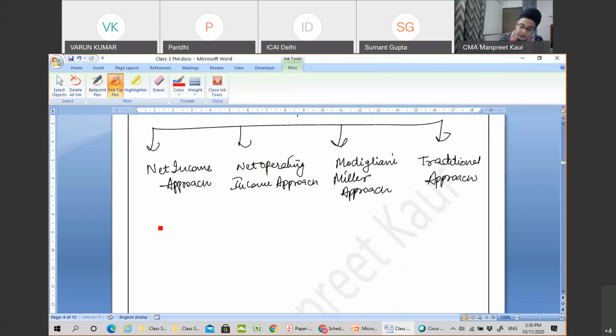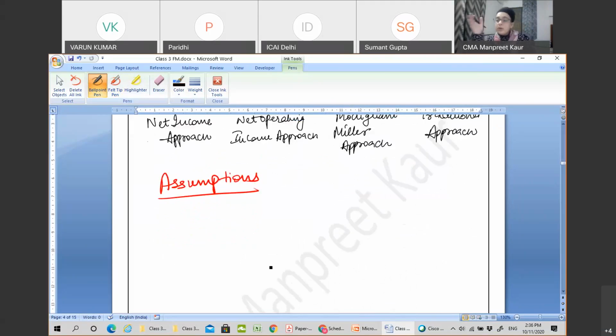So, first of all, we will write the assumptions. Before studying these theories, we determine some assumptions to keep in mind, that we have to apply formulas on these theories, but these are some assumptions that we are carrying along. Let's discuss the assumptions one by one.